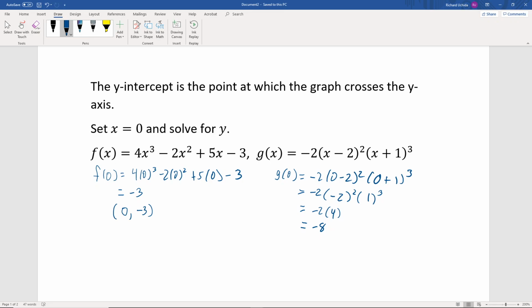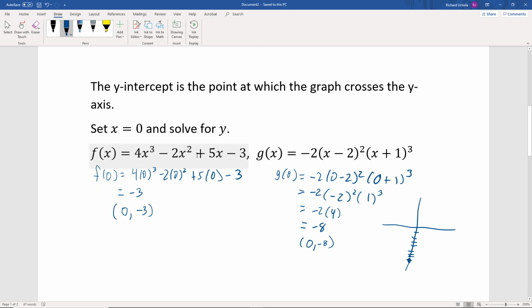This tells us that the y-intercept of the graph of that function is (0, negative 8). If I wanted to graph the function, we at least know that one point is the y-intercept, (0, negative 8).